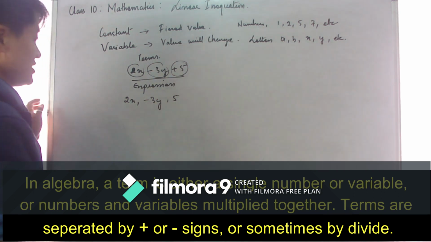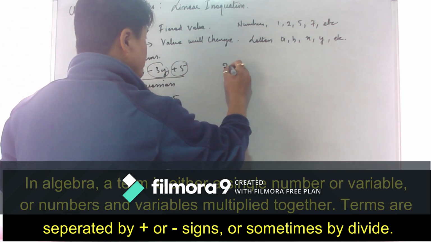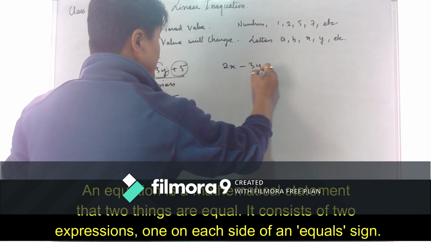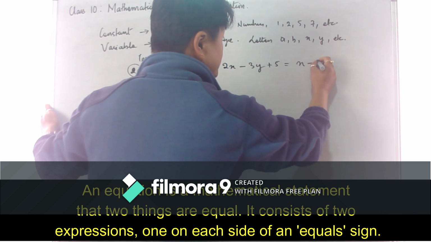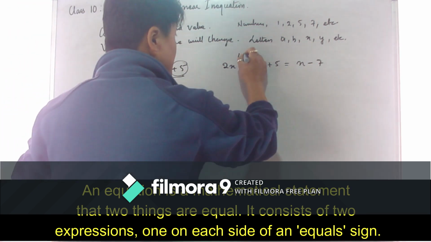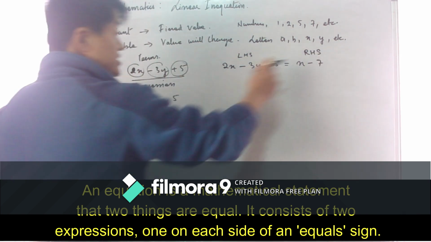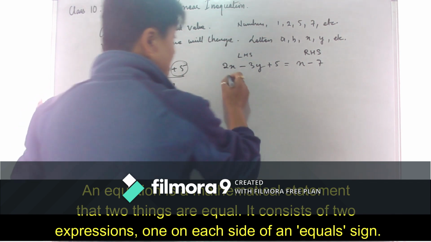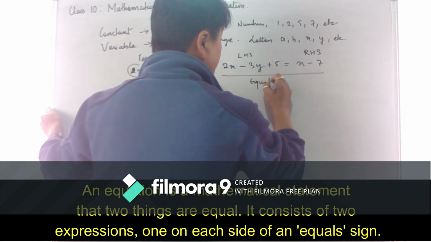Now if I write 2x minus 3y plus 5 is equal to x minus 7, here we see a left hand side and a right hand side. So the entire thing is called an equation.